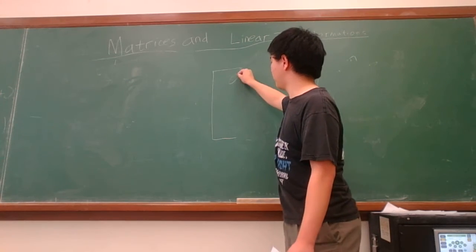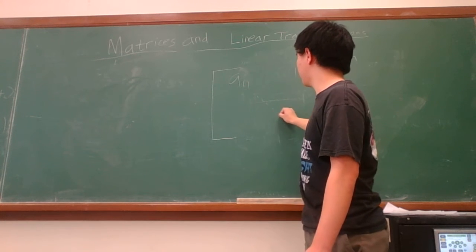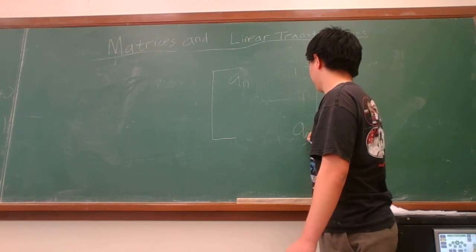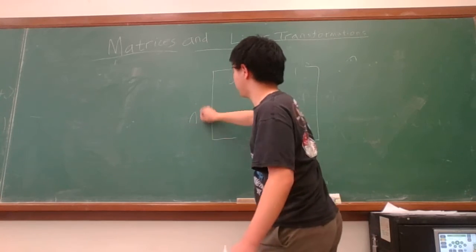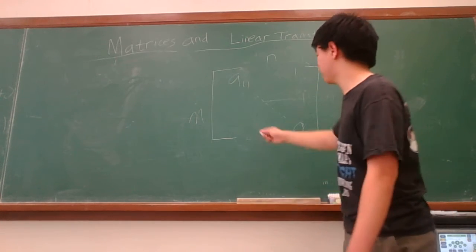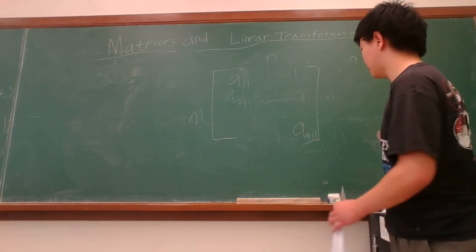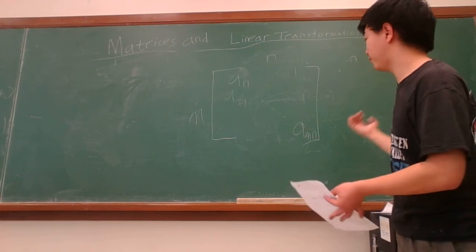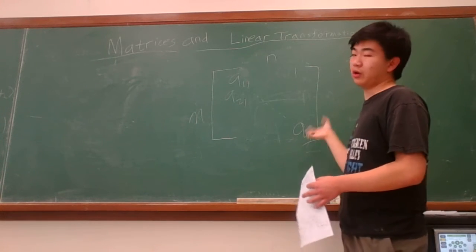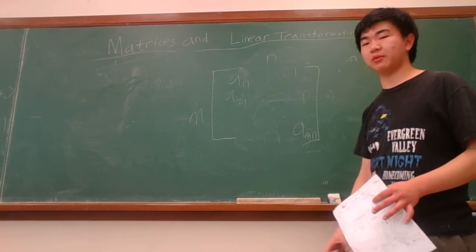So then you start with your first row, first column entry, and then you go to your m rows and n columns, so mn. And this would thus be 2-1. That's how the numbering system works. And then that's just basically a collection of data, and we're going to see some examples later.